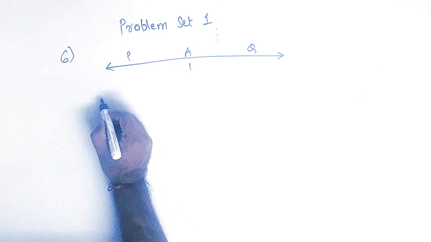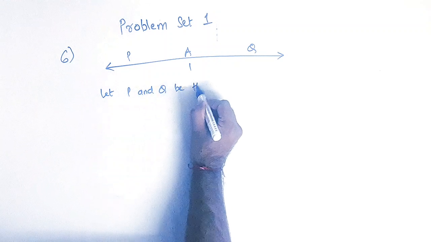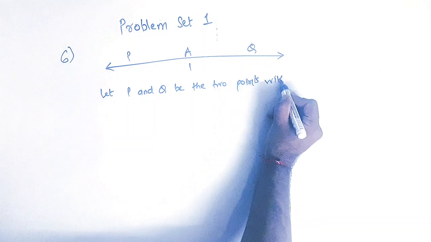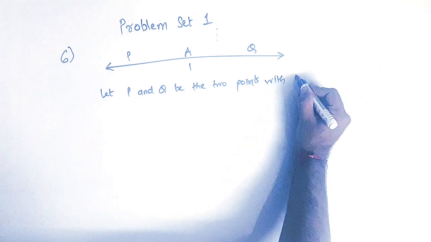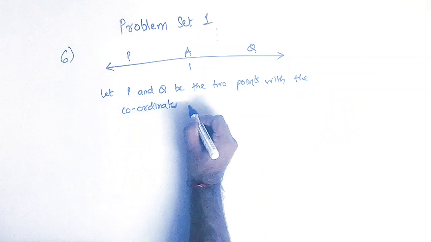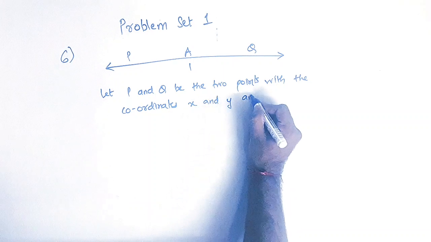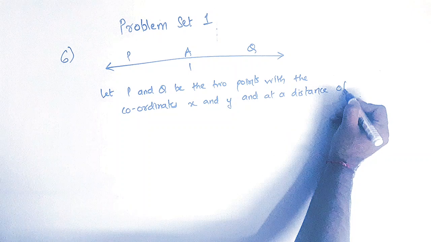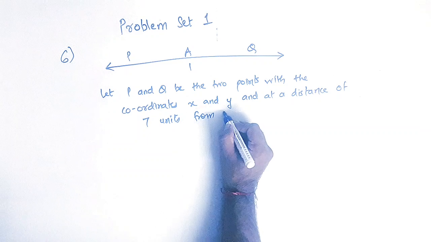Okay, so we'll write here, let P and Q be the 2 points with the coordinates X and Y, and at a distance of 7 units from A.